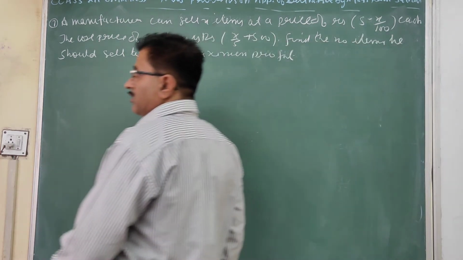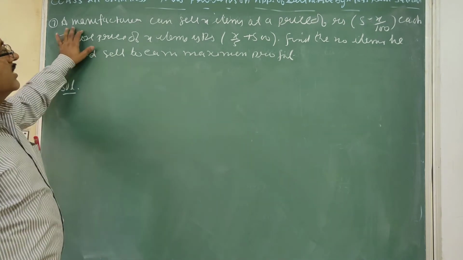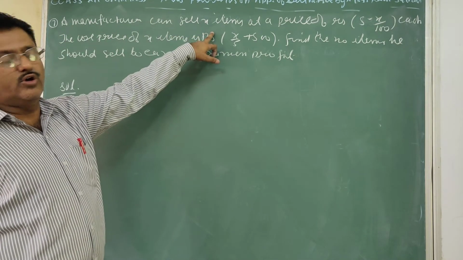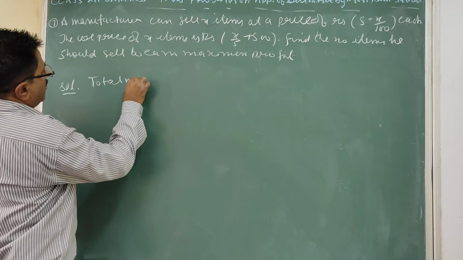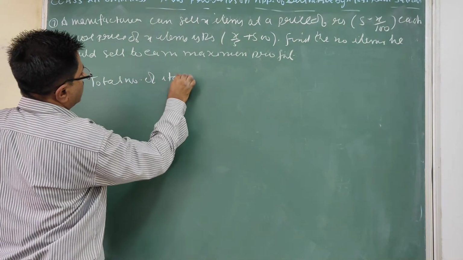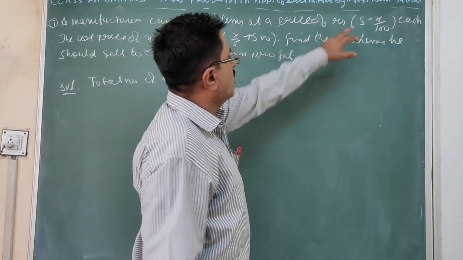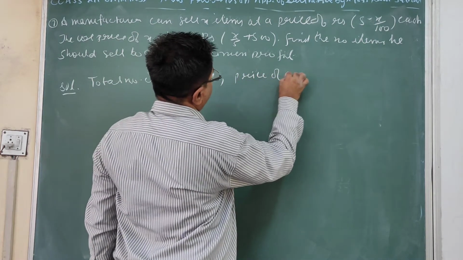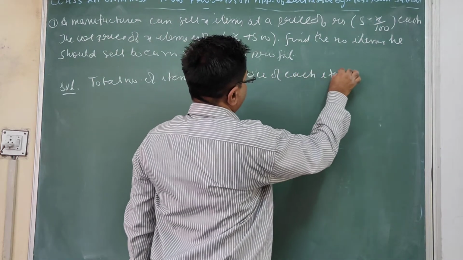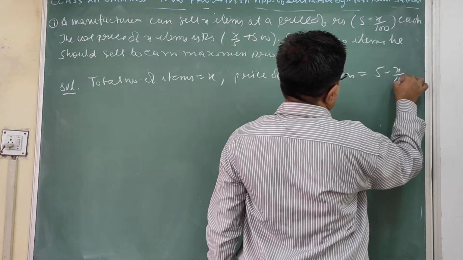So see what the problem says: a manufacturer can sell x items at a price of, so the price of each item equals 5 minus x by 100.